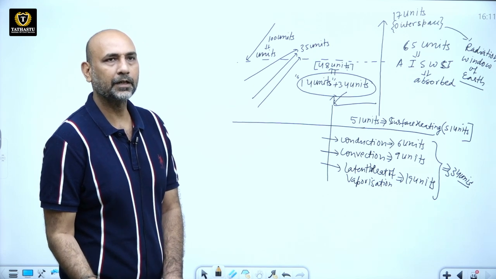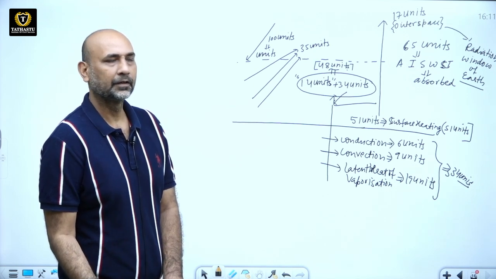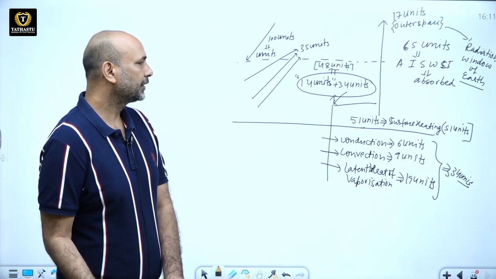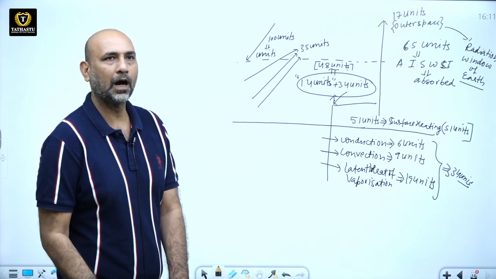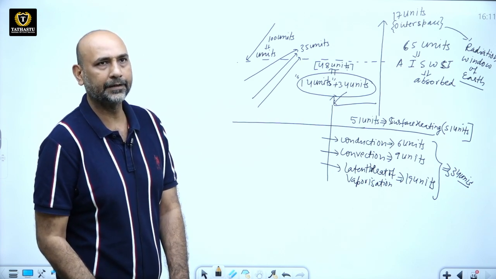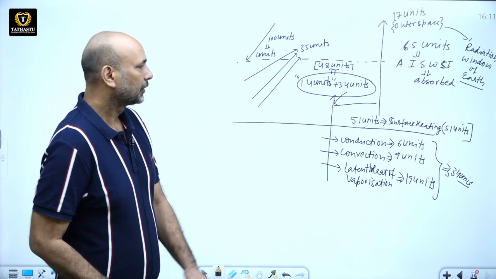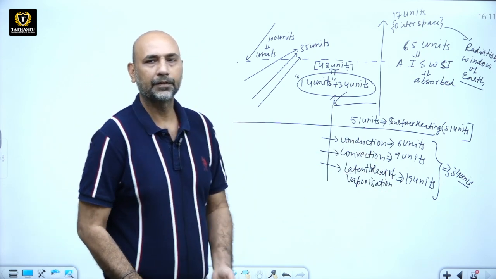Conduction, intermolecular transfer of heat, out of 34 units, contributes 6 units. Convection, that is upward and outward flow of hot and lighter fluid, is 9 units.